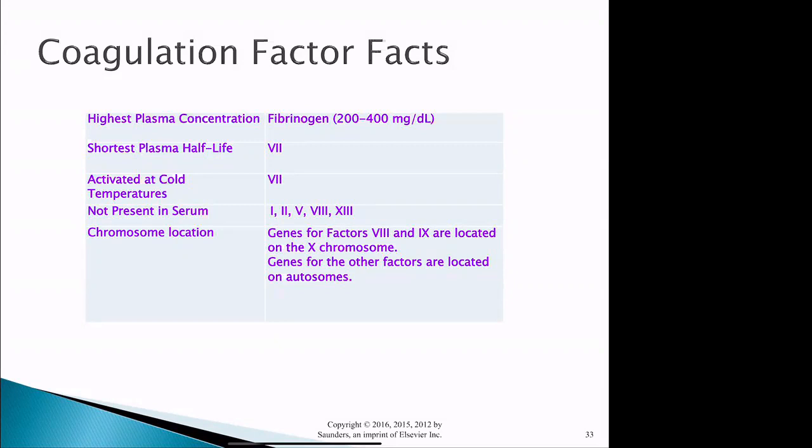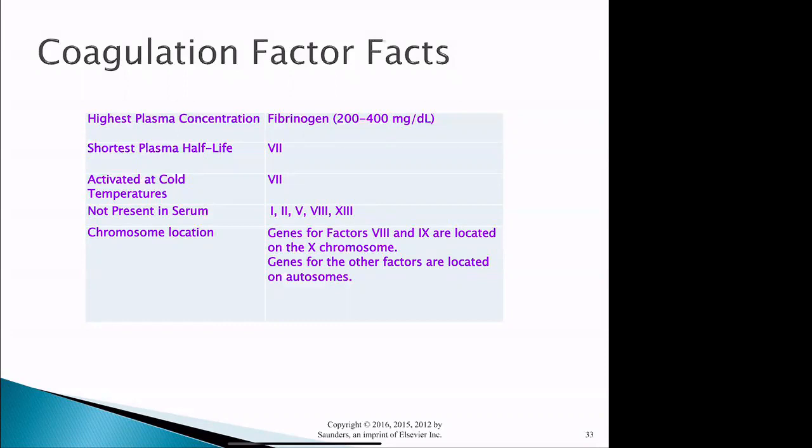Yeah, its half-life is basically the lifespan of the factor or of the protein, right? And it's 50% capacity of that protein or the factor. So it just so happens that compared to the other factors, factor 7 has the shortest half-life, okay? So that's something to watch out for, and I'm going to explain that later on when we talk about testing.